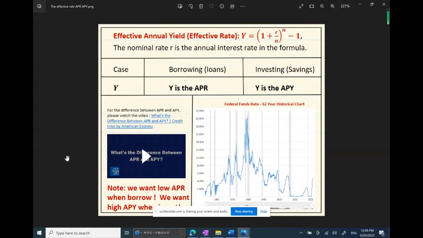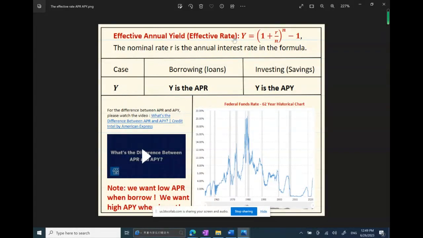So it is APY. APY is the same as the effective annual yield. It's the same thing, but it has different names in different situations. Our effective annual yield is the APR in the case of borrowing. Our effective annual yield is the APY in the case of investing.